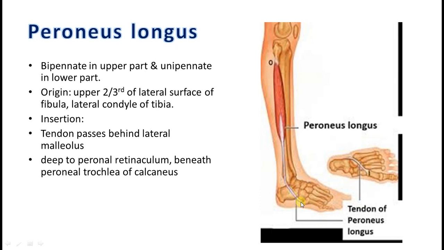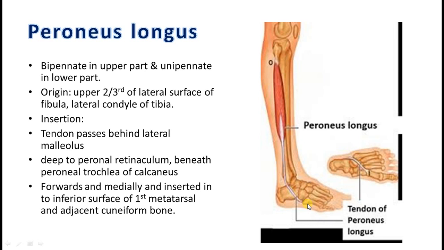Then again it changes its direction and passes forwards and medially to get inserted into the base, or the inner surface of the base, of the first metatarsal and the cuneiform bone. So it is getting inserted into the first metatarsal and the adjacent medial cuneiform bone.